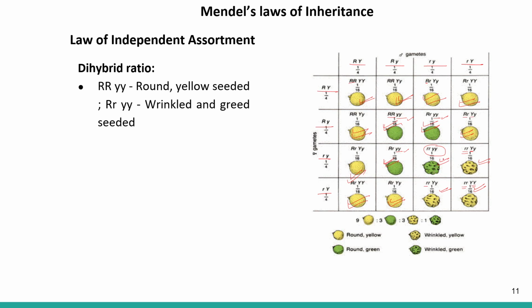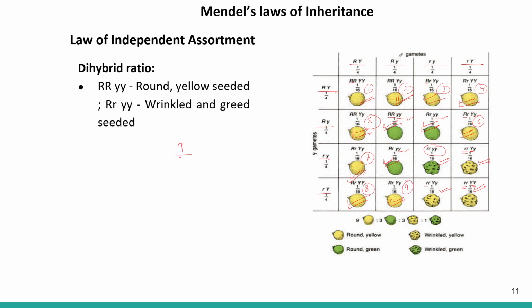Okay, so if we count the round and yellow, so we will have 1, 2, 3, 4, 5, 6, 7, 8 and 9.